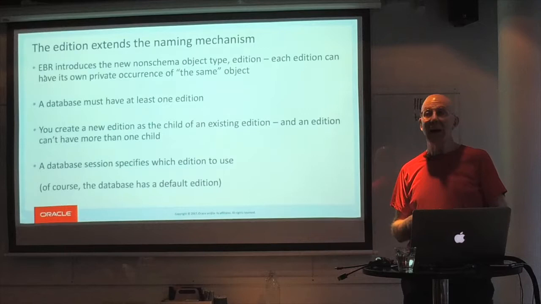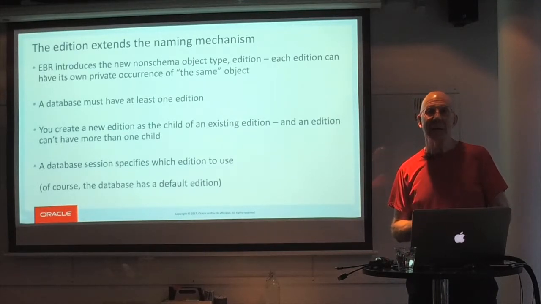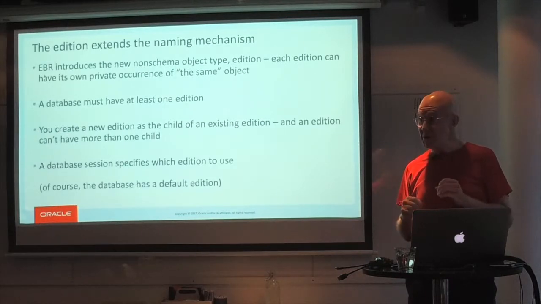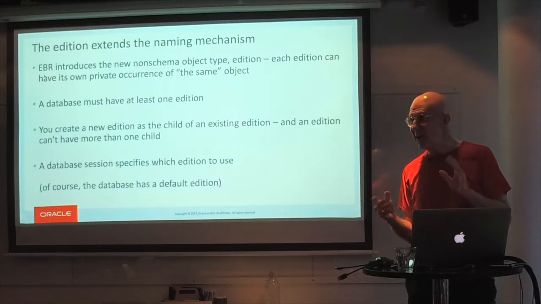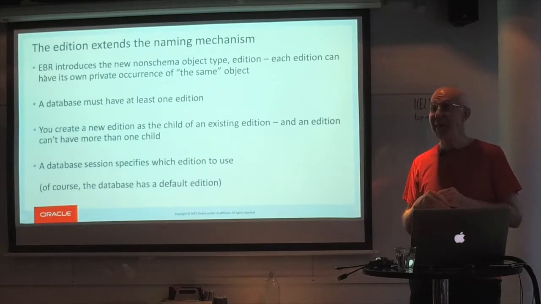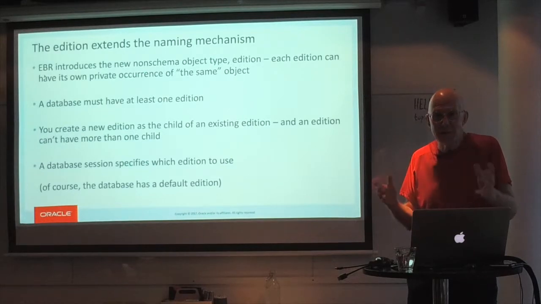But critically, as it says here, an edition can't have more than one child. It's not really that we ever thought of a tree. Rather, it's just we needed a string, and we naturally used the words parent and child. Why not? We could have used successor and predecessor, I suppose, and that would have given people less of a stimulus to think about children, many children, I don't know.